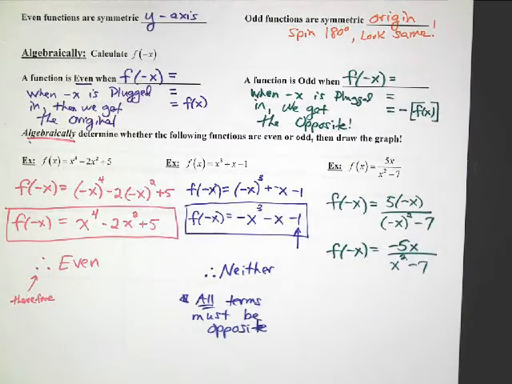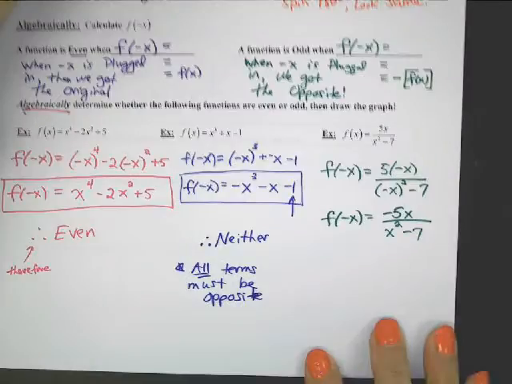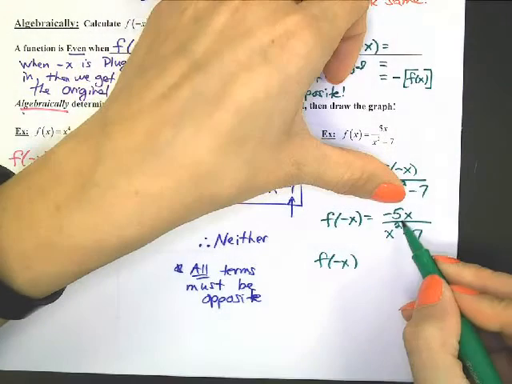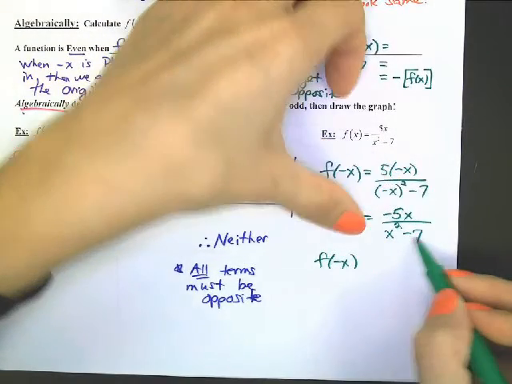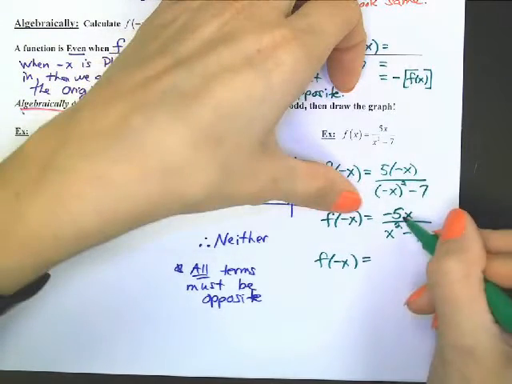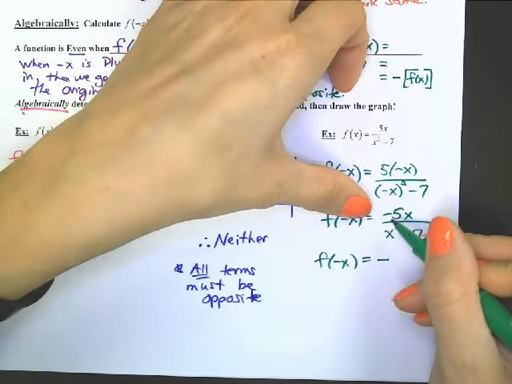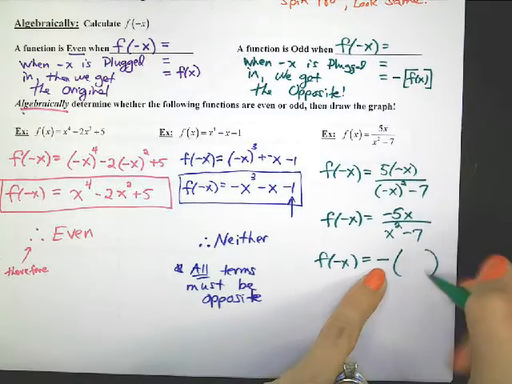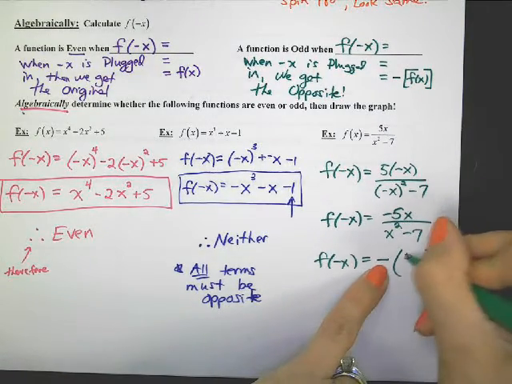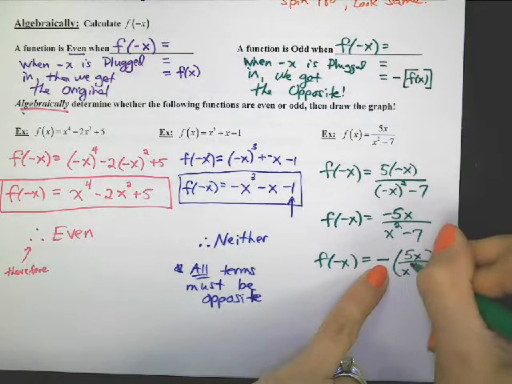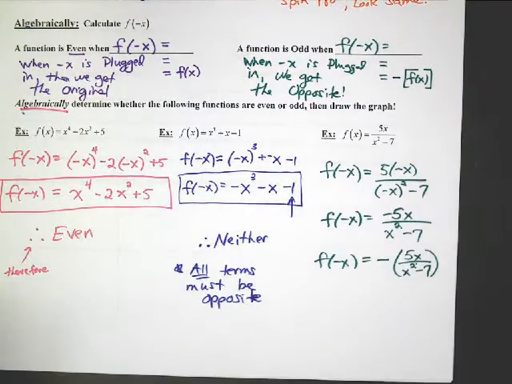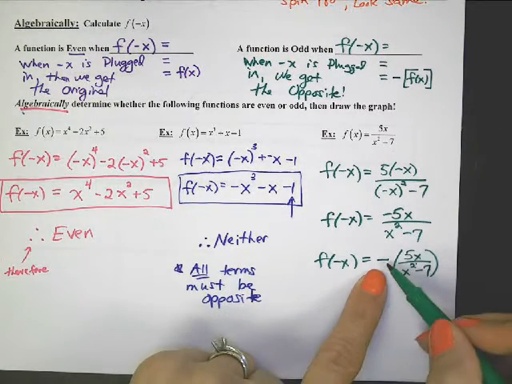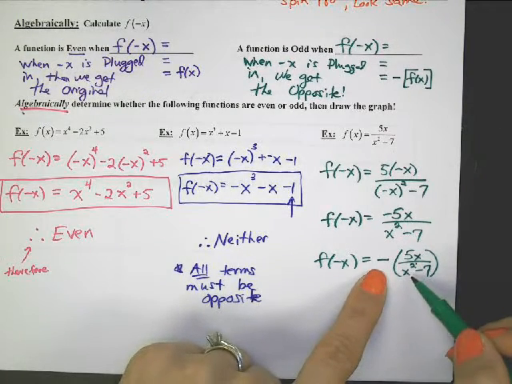Okay, now this is what I want you guys to do with fractions. Whenever you have a negative in the numerator, or even the denominator, I want you to write it out in front. So we're going to take that negative, pull it out in front, and then I want you to write the fraction in parentheses like this. Is that true? Would a negative get distributed to the top, the bottom, or both?